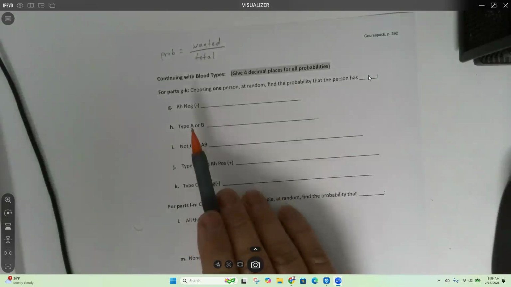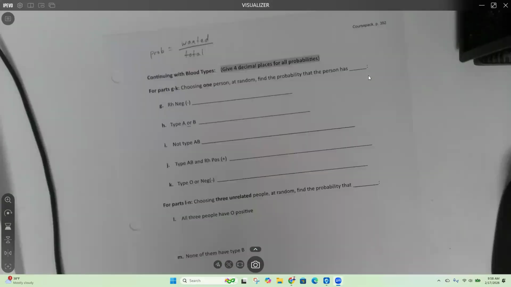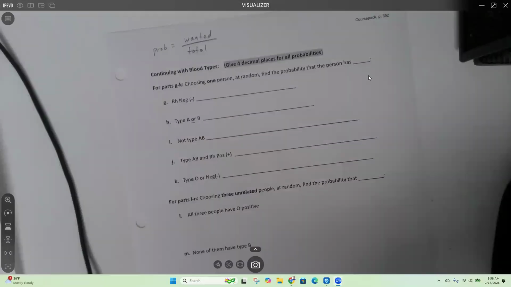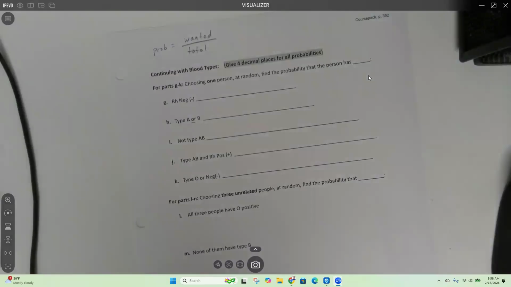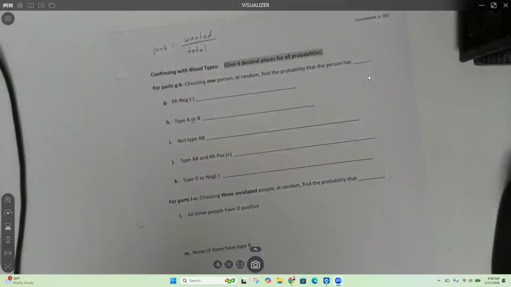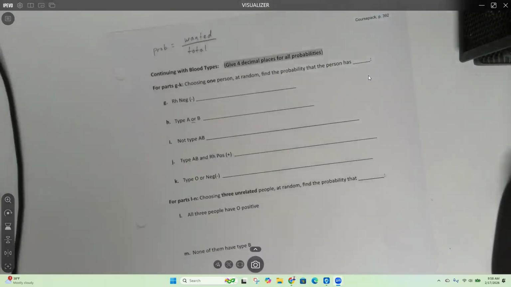The word or. We need to be careful with the word or in statistics class. It is different from the word or in English. If I went out to dinner with my daughter and I asked, what do you want to eat?